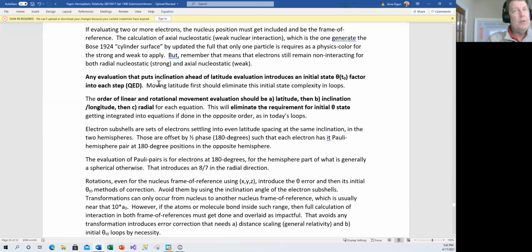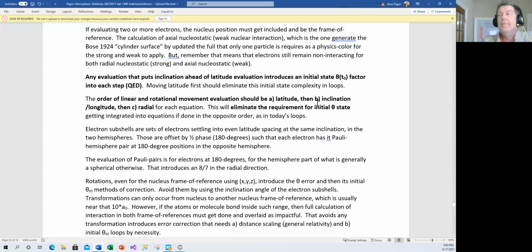And this is how, by using my system, if we do the reverse of that and we analyze the electron subshells as a set, not caring which latitude they are, we eliminate the QED method and the computational load diminishes exponentially. Okay, so this order should be latitude, then inclination, longitude. That's the electron subshells.